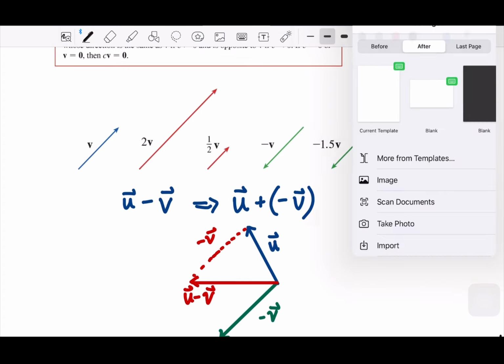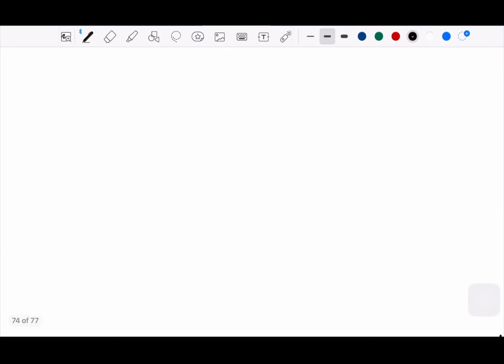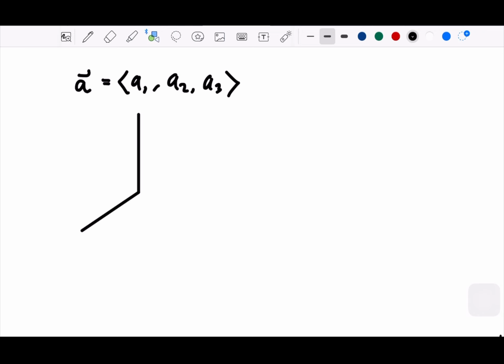All right, next we could have the components of a vector. For example, if we have a vector a that is a1, a2, a3, which means we are going to have a three-dimensional system.